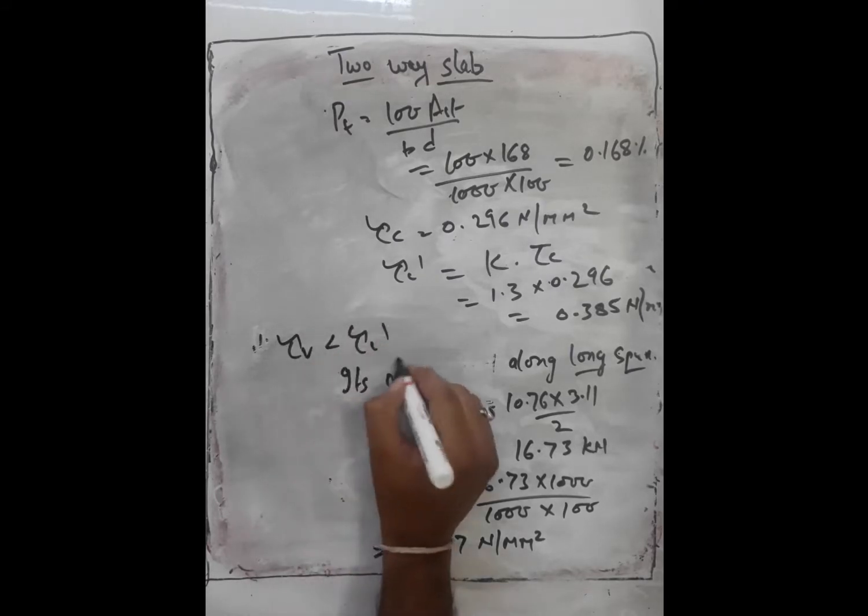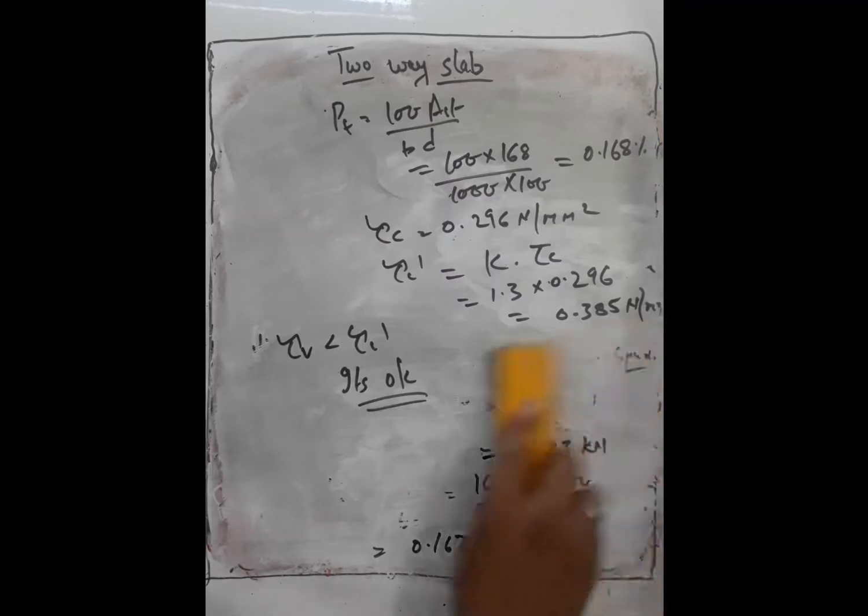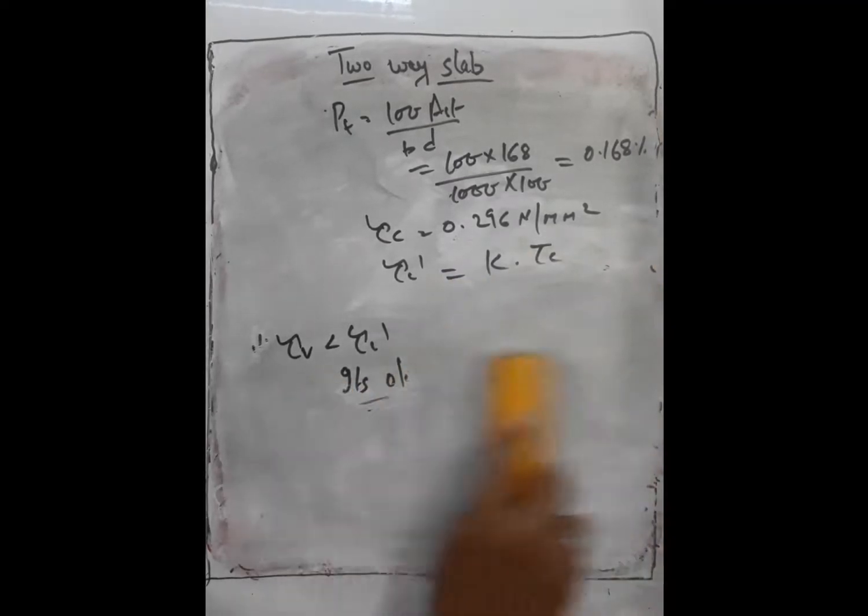It's okay. So in this way we have found the reinforcement for the two-way slab, in which we assume the condition is corners are held down. Okay, after finding this reinforcement, now we have to draw the section. So let's draw the section.